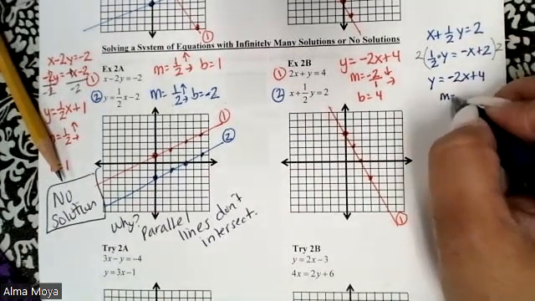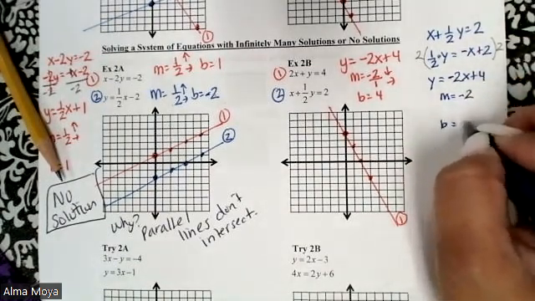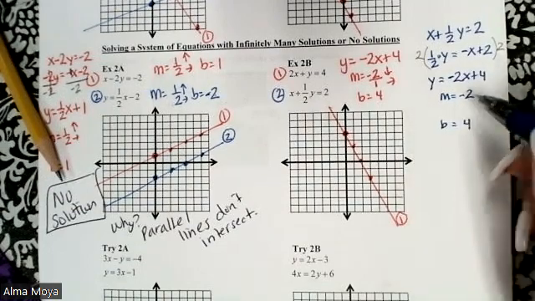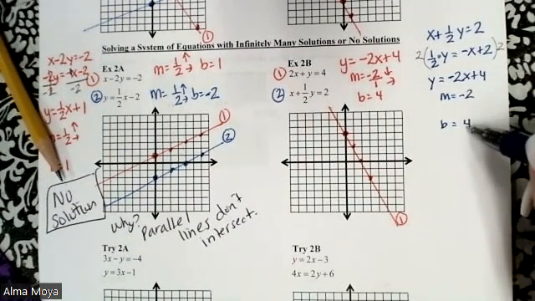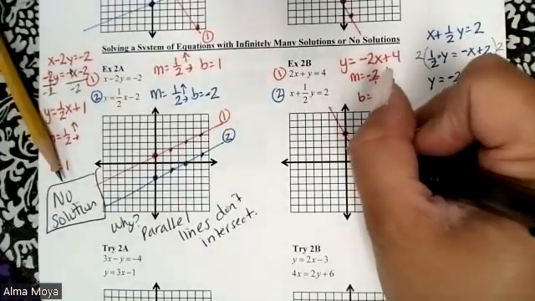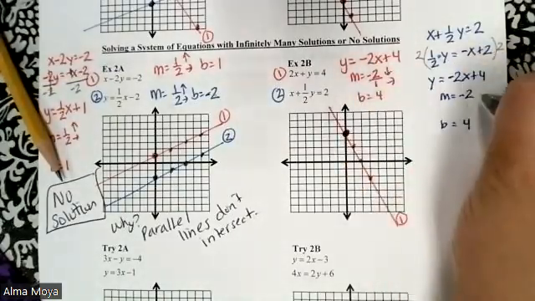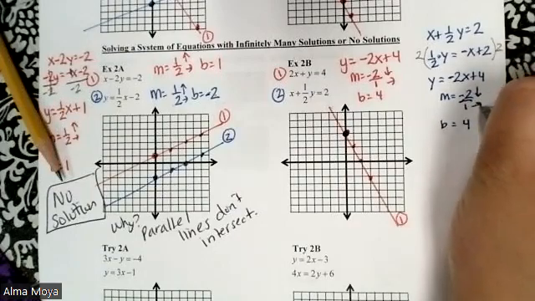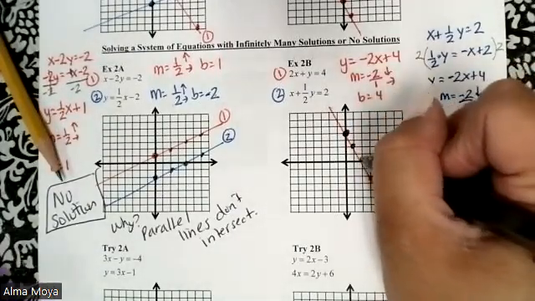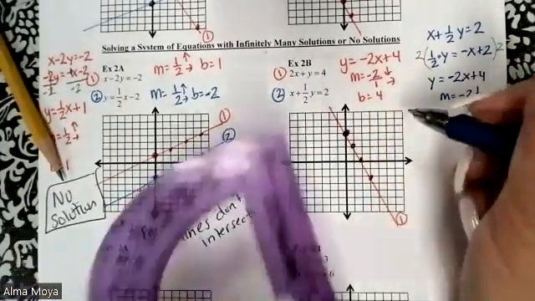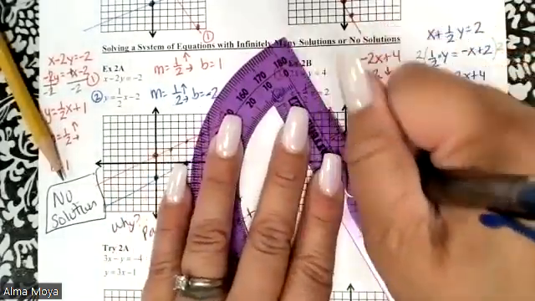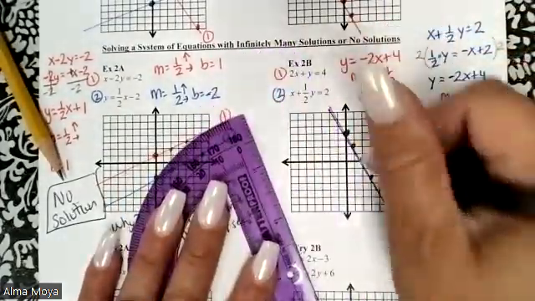Where your m right here is going to be a negative 2, and the b right here is going to be a positive 4. I need to graph the y-intercept first, which is going to be a 4. 1, 2, 3, 4. And then the slope, that's going down 2 over 1. Uh-oh, I notice that my dots are all lining up. It's on the same exact line.